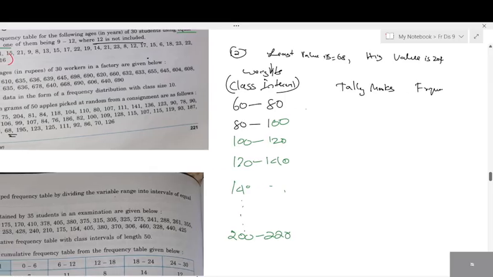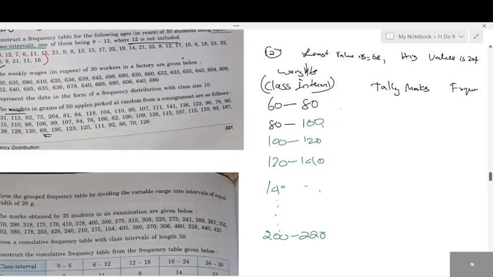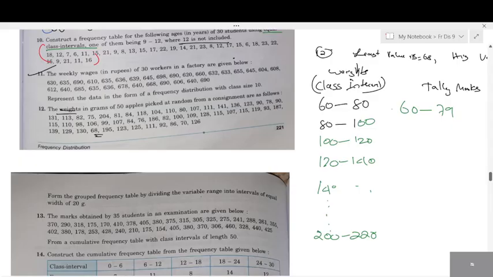Then which one should I exclude, students? If it is continuous, it is exclusive. Exclude lower limit or upper limit? Upper limit. So for the first value, take all the numbers from 60 to 79. Tell me how many numbers were there from 60 to 79? 5. All of you got 5?